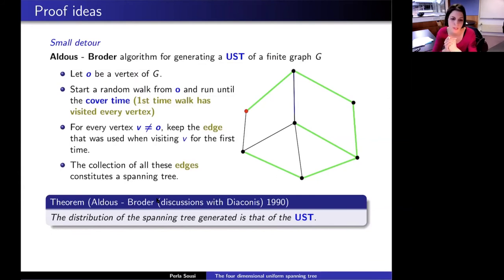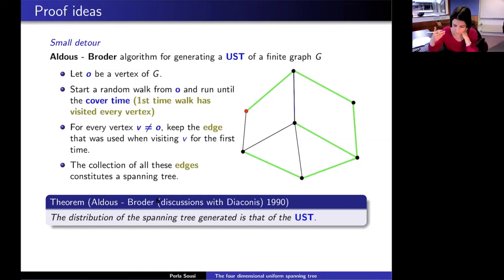Then what they prove is that the uniform spanning tree measure is the invariant measure on the tree component. Then they prove that this algorithm gives the invariant distribution of that Markov chain, so it has to be the uniform spanning tree measure. The proof is like one or two pages long.